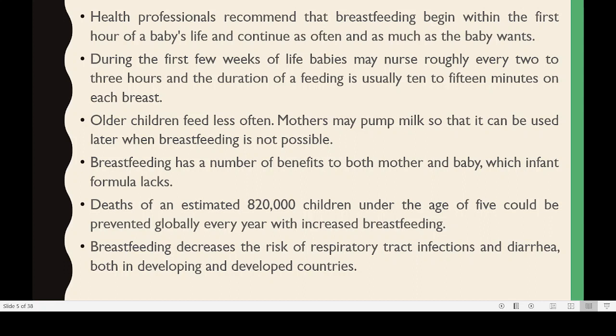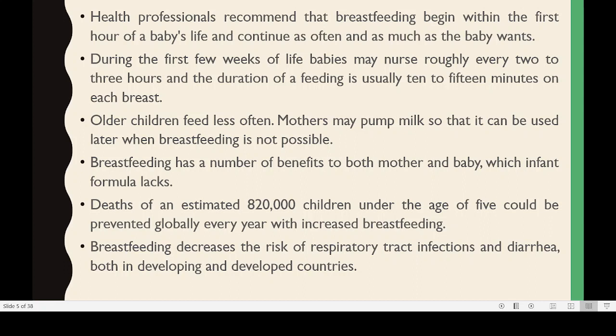Breastfeeding has a number of benefits to both mother and baby, which infant formula lacks. We have already seen the benefits of breast milk. The deaths of an estimated 8,20,000 children under the age of 5 could be prevented globally with increased breastfeeding. Even though breastfeeding is so important, in many parts of the world it is still not that popular.